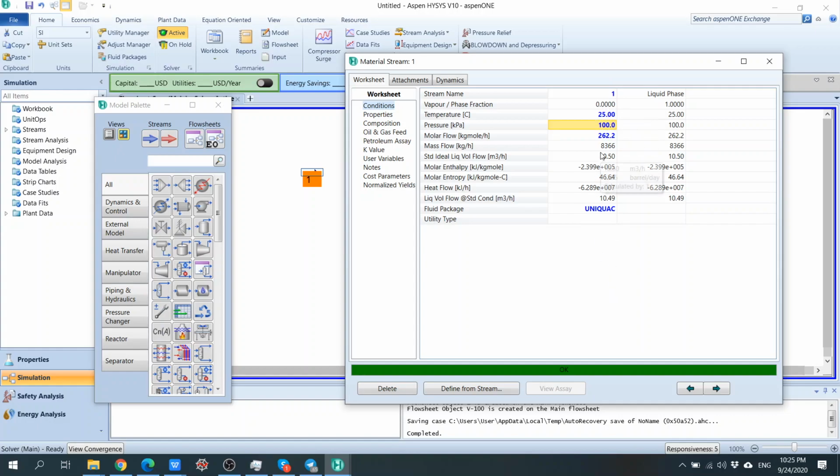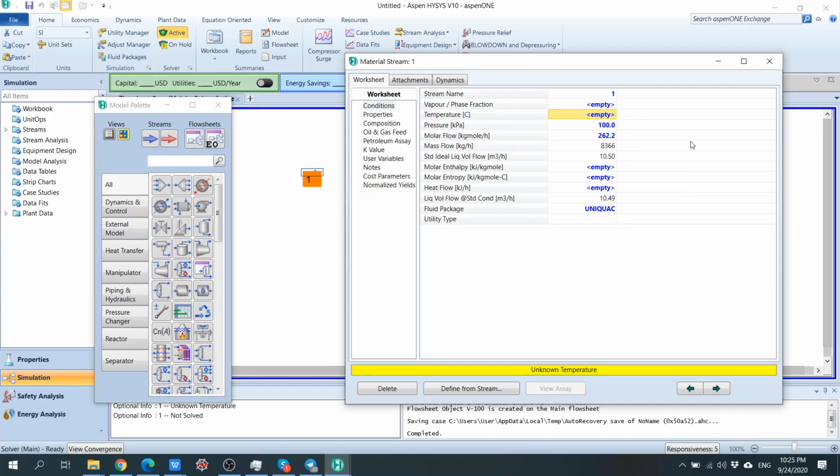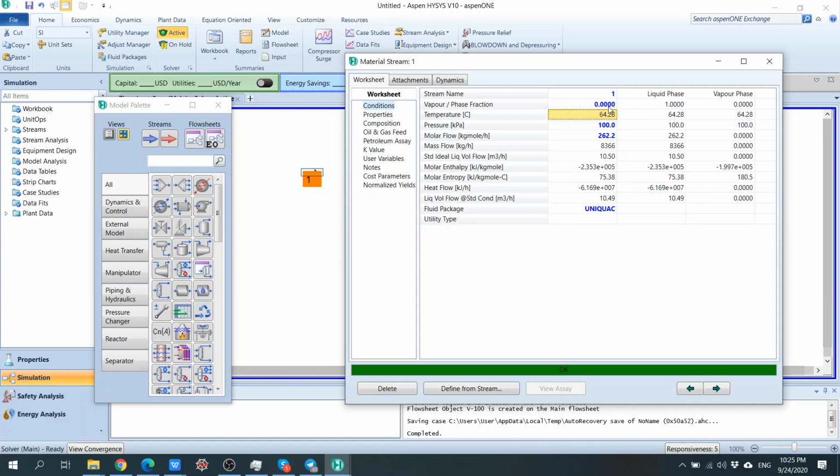If we delete this like you suggested and put 0, so that we want saturated liquid, it will calculate the corresponding temperature, which is 64 degrees C. So 64 degrees C at 1 bar is the saturated liquid situation.